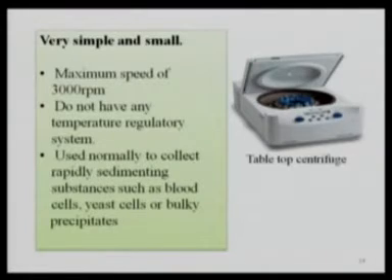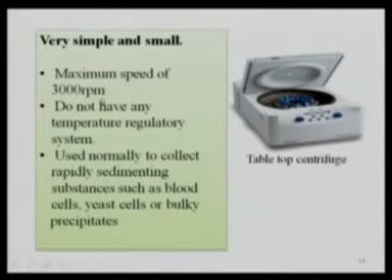In the preparative, the first one is a very simple one, which we will be using in our laboratories. You can see this is a tabletop centrifuge, and since we are talking about a rotor, you can see the middle portion is nothing but a rotor, and these blue caps are nothing but your centrifuge tubes.